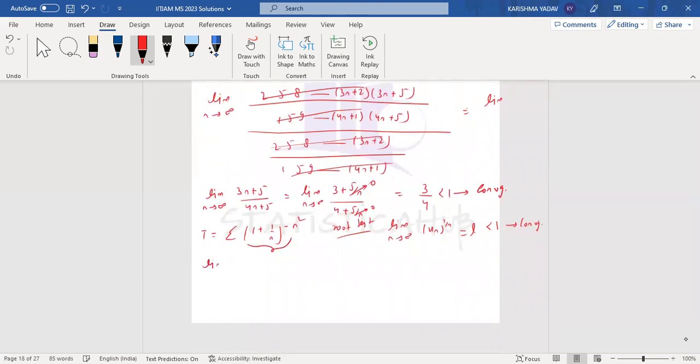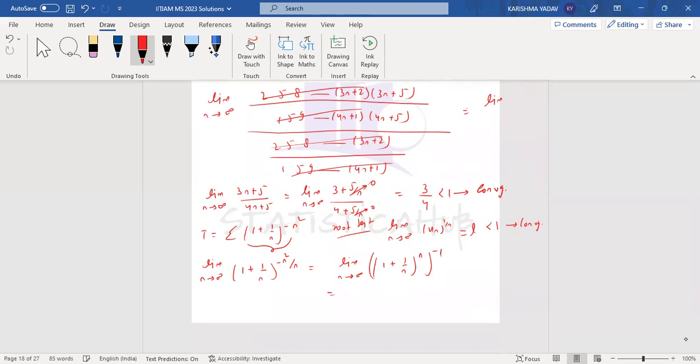I am applying it here: limit n tends to infinity of (1 + 1/n) to the power minus n squared, all to the power 1 by n. This gives me limit n tends to infinity of (1 + 1/n) to the power minus n, which I can write as ((1 + 1/n)^n) to the power minus 1.